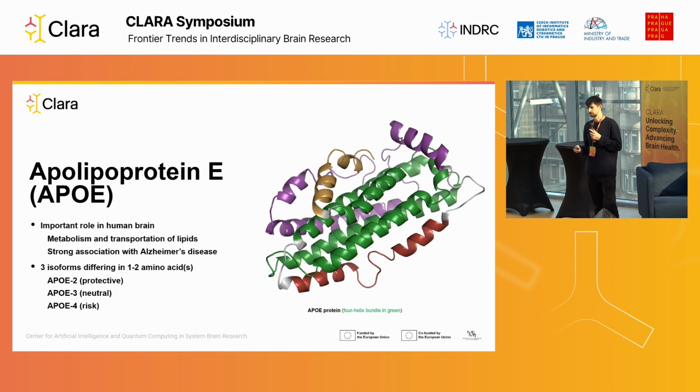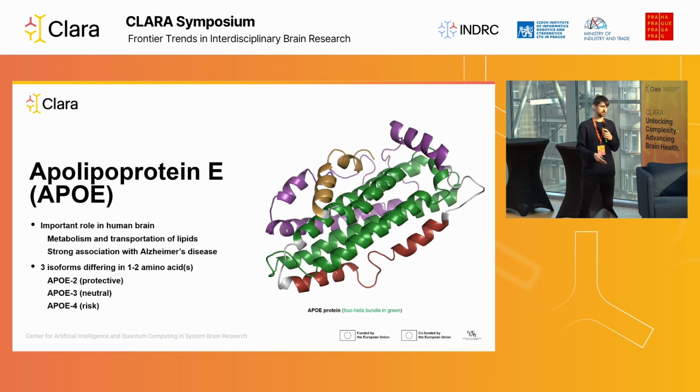And it has been observed in the clinic that which of these variants of the ApoE protein a person has has a strong effect on the risk of that person later suffering from Alzheimer's. So most of the population has ApoE3, but the people who have the ApoE2 mutant are less likely to suffer from Alzheimer's.